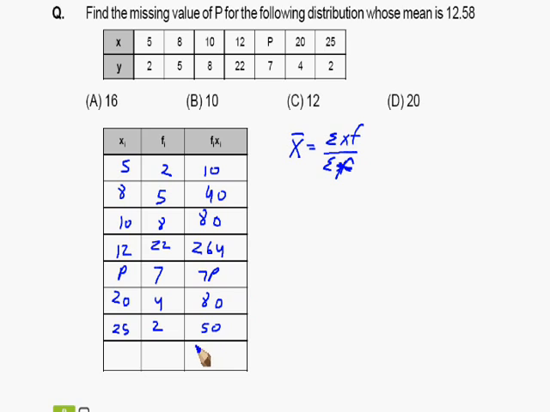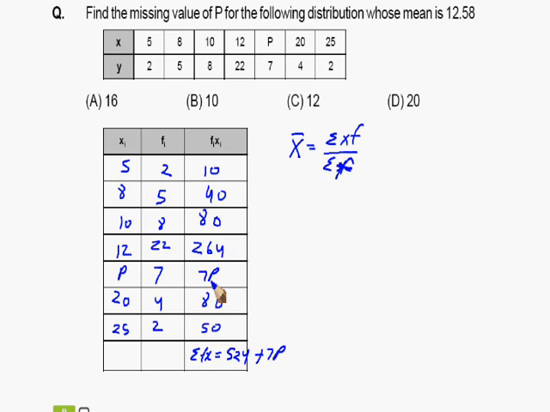So we have to find the summation fx, we sum all the values of fx. Its sum comes to be 524 plus 7p.